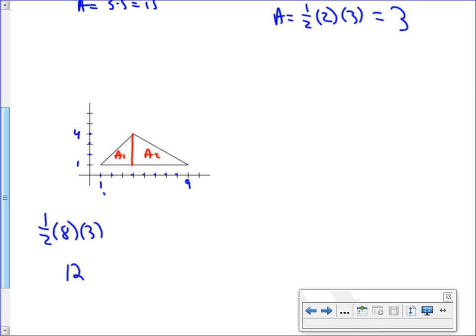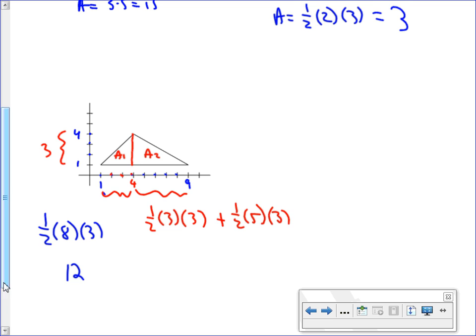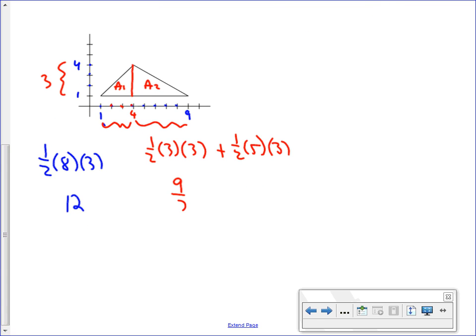Okay, so area 1 would be 1/2 base, that height is still 3 times height, and area 2 would be 1/2 5 times 3, and I'd be happy with my calculator here, but 9 halves plus 15 halves is 24 halves, and 24 halves is 12. That's not a better way, it's just a different way. Okay, you see that a little bit better. Cutting up shapes into smaller pieces can sometimes make it easier to find an answer.